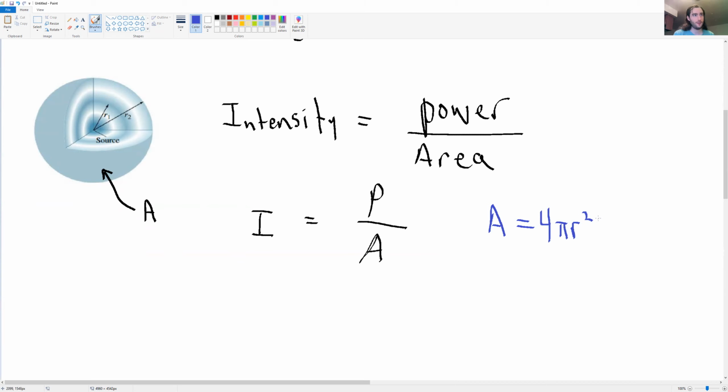So that power will be distributed on the surface of a sphere. This is also true for something like the radiation energy that reaches the Earth from the sun.